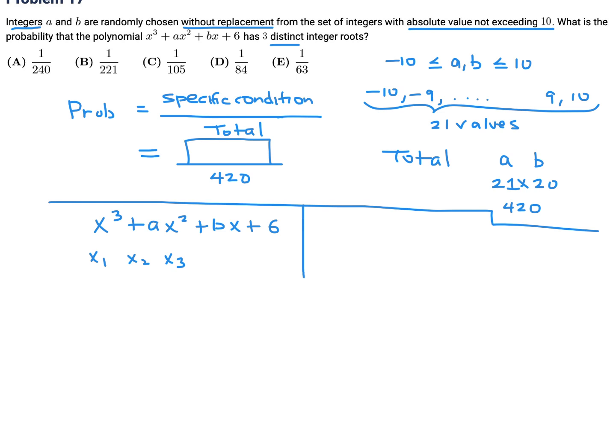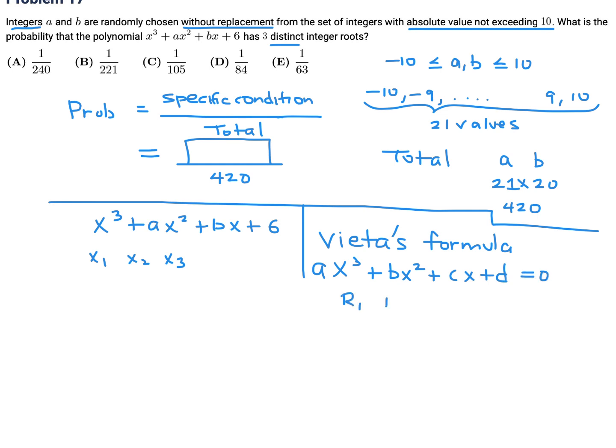And obviously it screams Vieta's. The Vieta's formula is going to be used here. So just to refresh your memory, if you have a cubic of the form ax cubed plus bx squared plus cx plus d is equal to 0, then the roots are r1, r2, and r3.